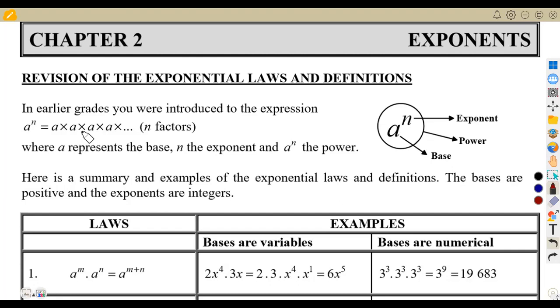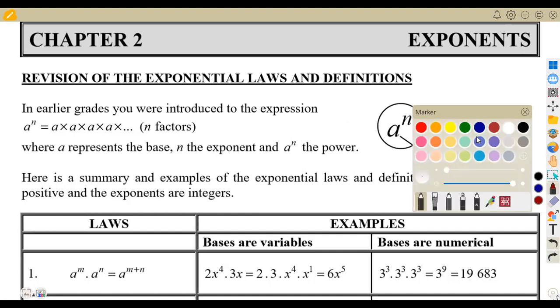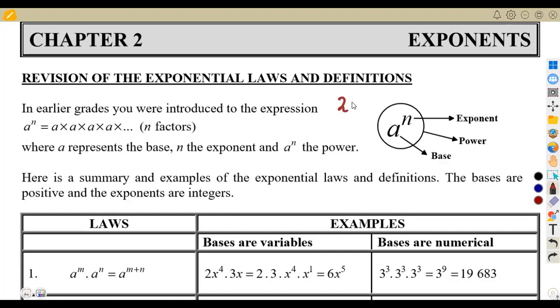From our grade 8 and grade 9, we've been talking about a situation whereby a number can be raised to a certain exponent. Let us take 2 to the exponent of 3, which is the same as a variable being raised to the exponent of n.